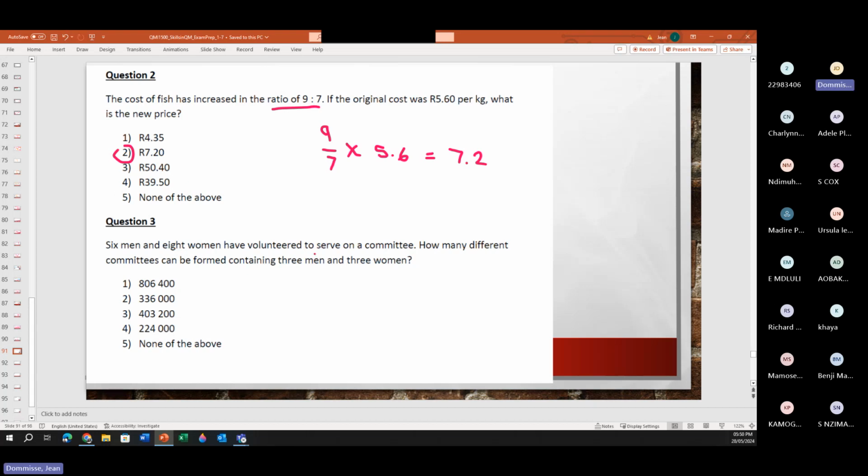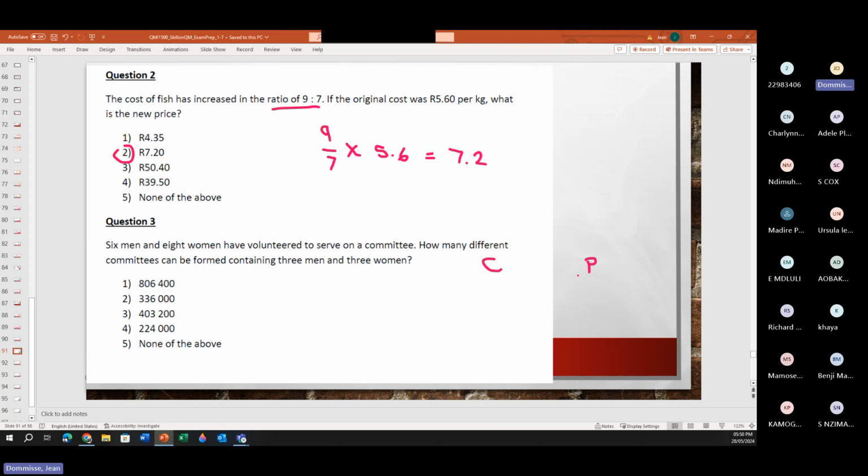Then let's quickly look at question 3. The first thing to ask is: is it combination or permutation? That is nearly the most important thing we need to ask first, because that will determine which formula we use.